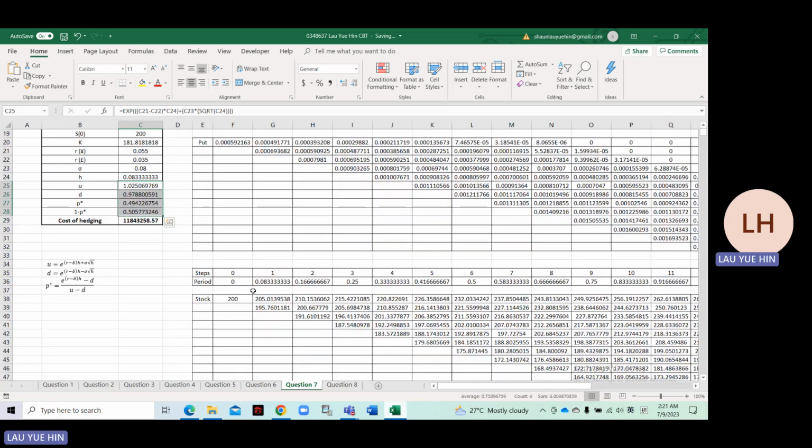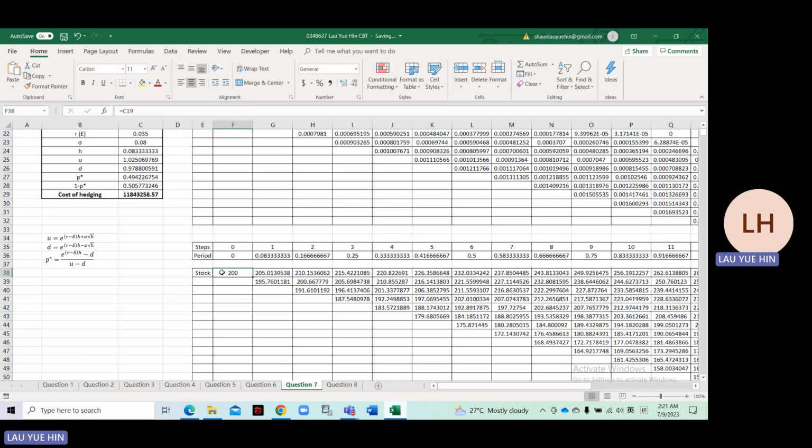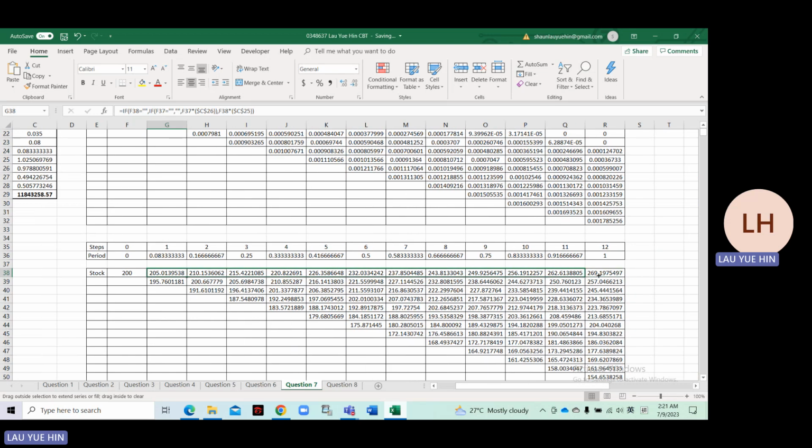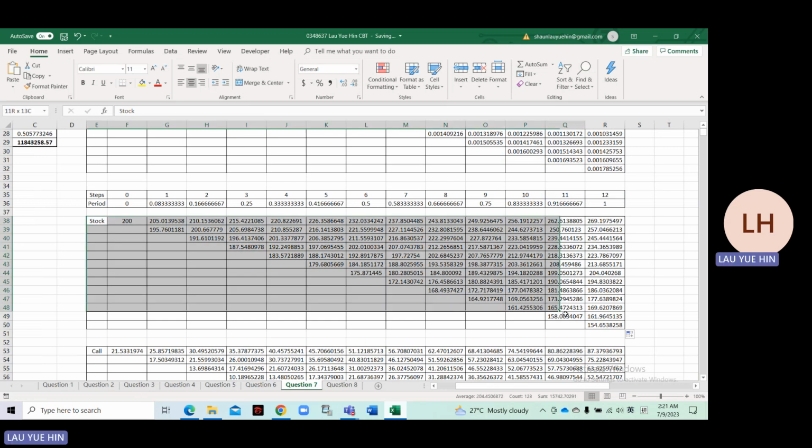And then to find the stock binomial tree of yen denominated, the stock is 200, and then using the same formula as above and also question 1, I drag everything again, and then I'll construct the stock binomial tree.